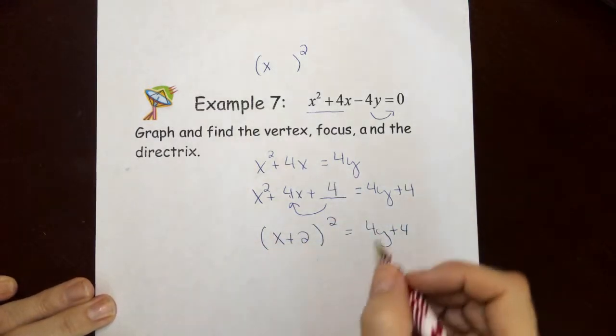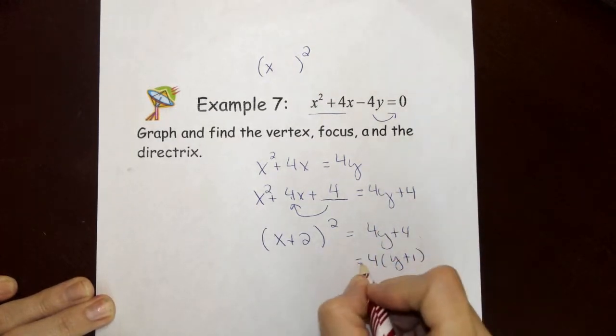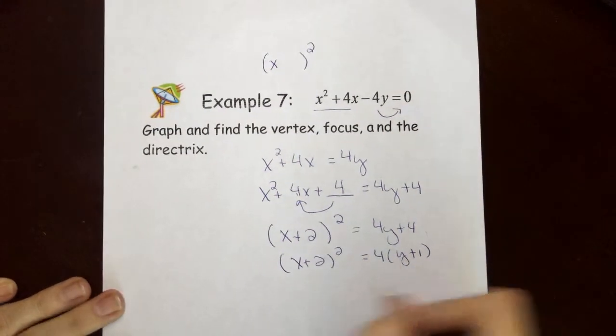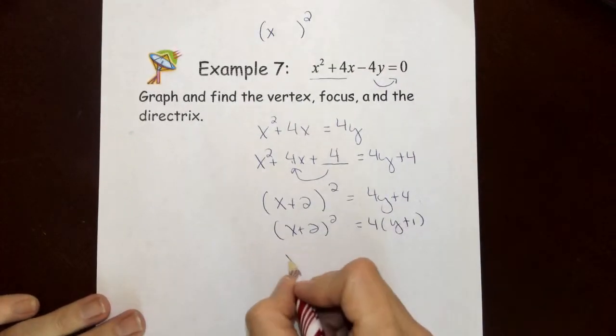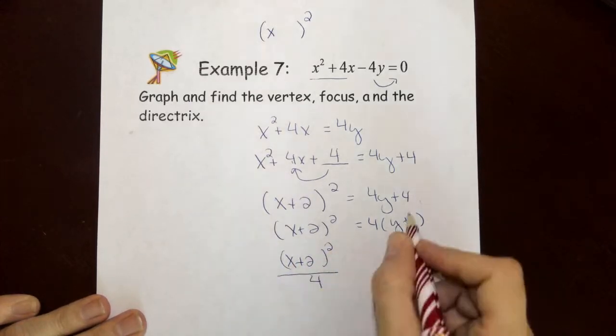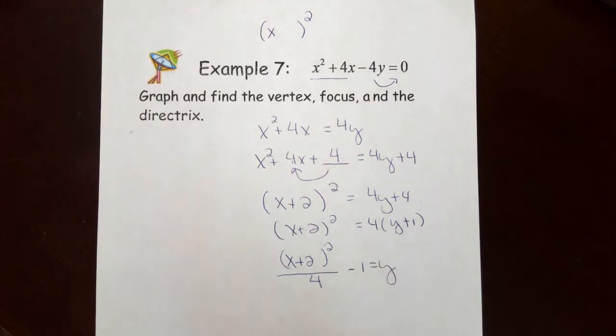I'm going to move the 4 out of these, so I'm going to factor out a 4. And then all I have left to do is divide by 4 and subtract 1. So I'm going to have x plus 2 squared over 4 minus 1 equals y.